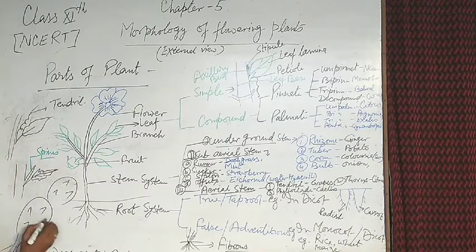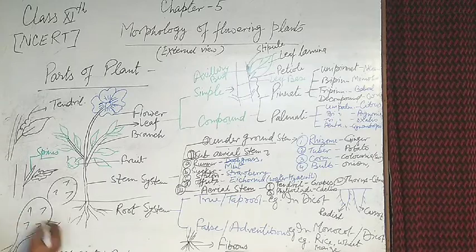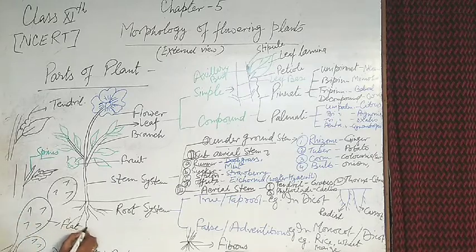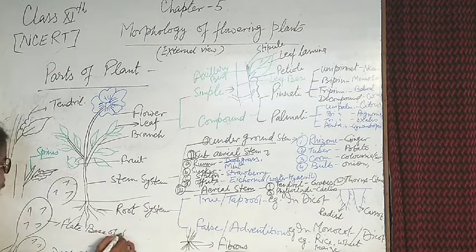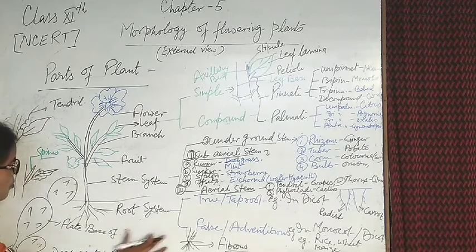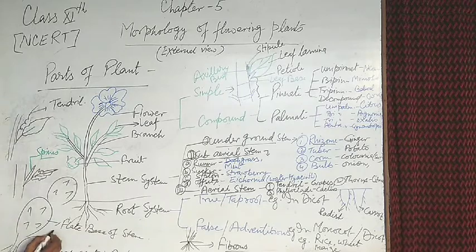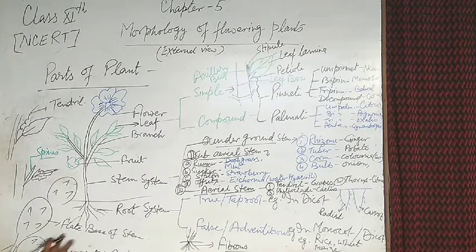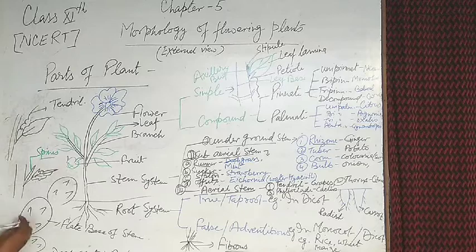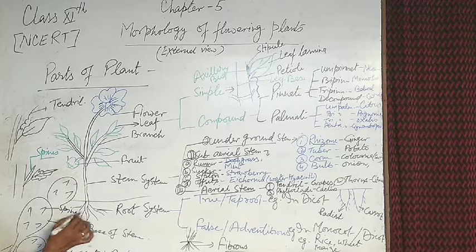The flat base of stem is known as phylloclade.